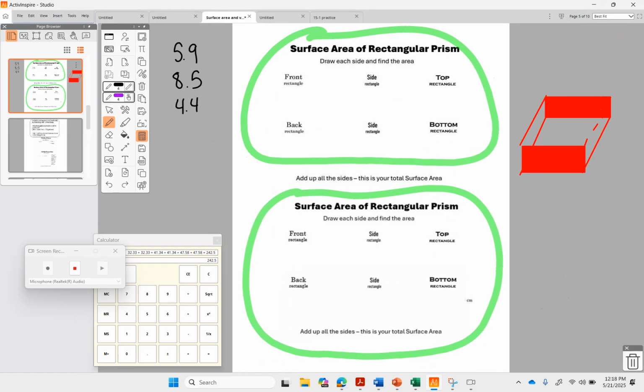So to make this look like what the numbers I have here, I'm going to say that this is 4.4, which means my longest dimension is 8.5, and then this is 5.9. So I'm going to change my pen to red, and I'm going to say that these red triangles are my front and my back. And I'm going to use the dimensions from the figure, 5.9 and 4.4.